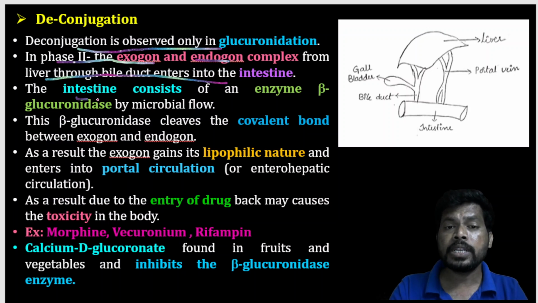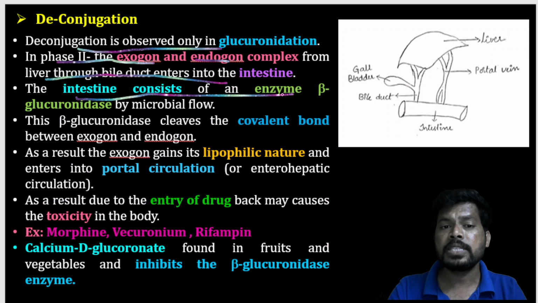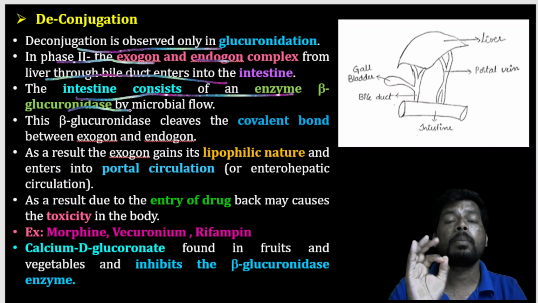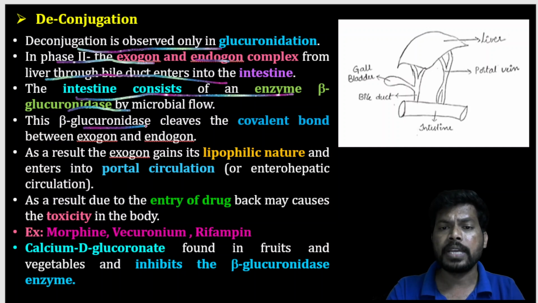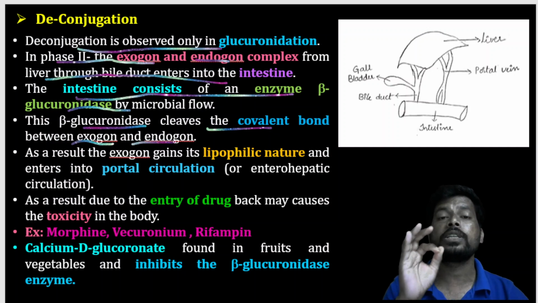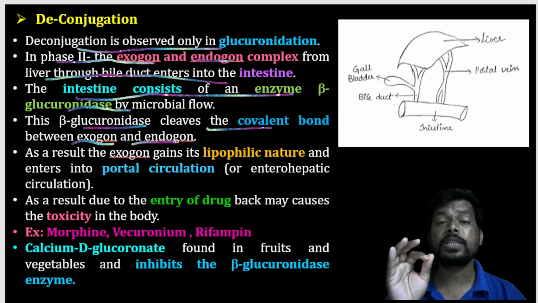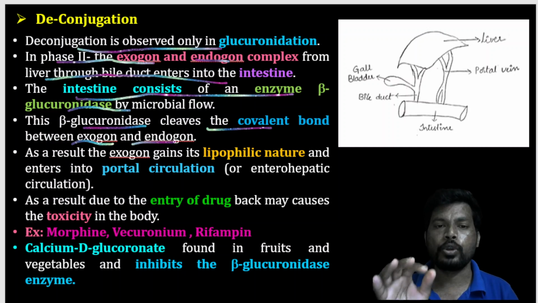The intestine contains the enzyme beta glucuronidase, which is produced by microorganisms. This beta glucuronidase cleaves the covalent bond between the exogen and the endogen. The endogen is a conjugating substance which provides polarity to the drug molecule.